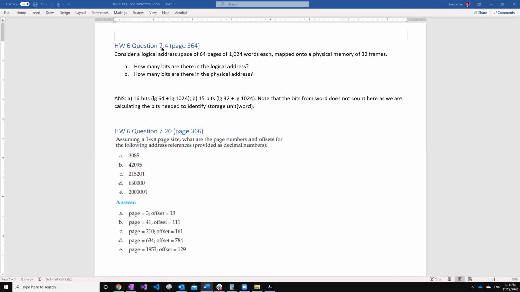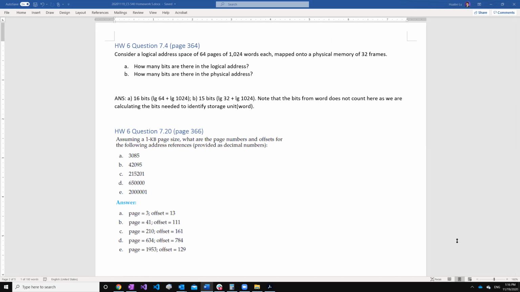Right here, consider a logical address space of 64 pages, of 1024 words each. Now guys, when reading this question, have you wondered what a word is? Tell me, what is a word? You say it's Microsoft Word. No, it's not. Microsoft Word is the program, or process, that I'm running now.